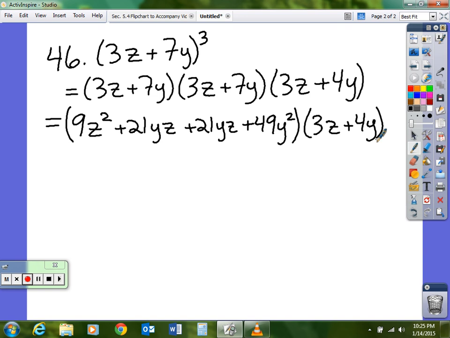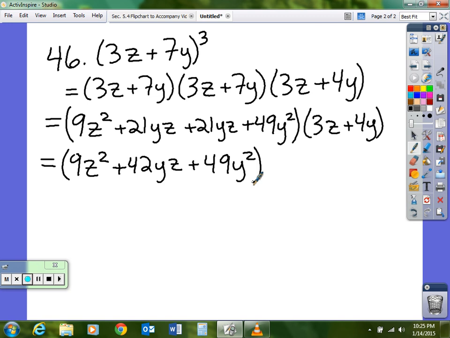Combine like terms before we use extended FOIL. We have like terms in the middle, a 21yz and another 21yz. Let us combine those into a total of 42yz. We may now attempt extended FOIL.